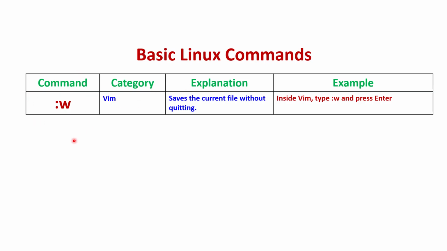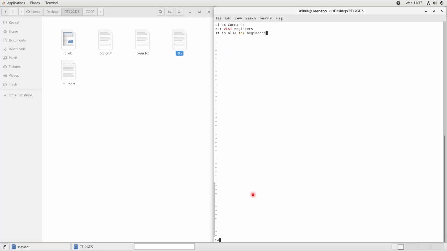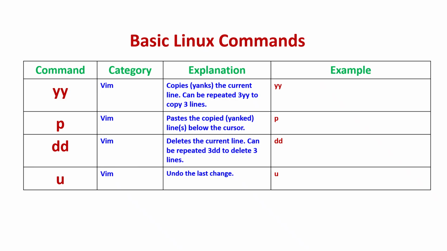I want to save the file. For saving the file, :w is the command. Press escape and type :w. It will appear in the bottom of the file. And then press enter.